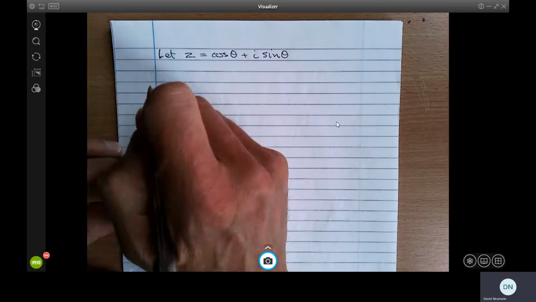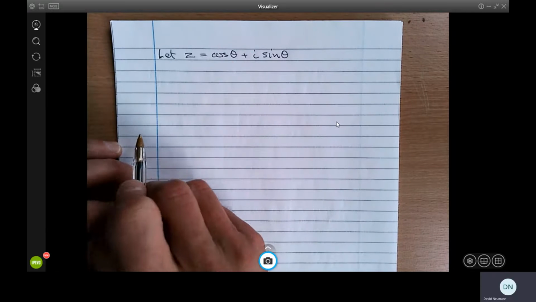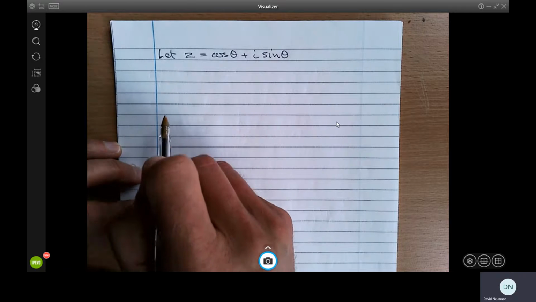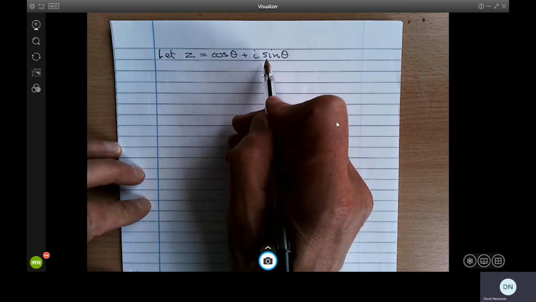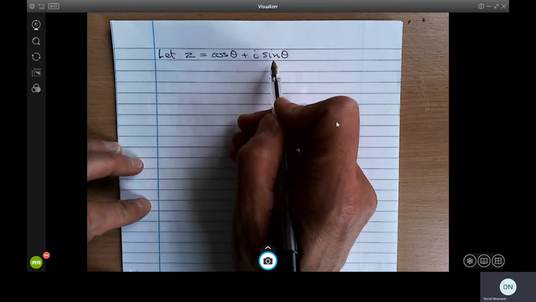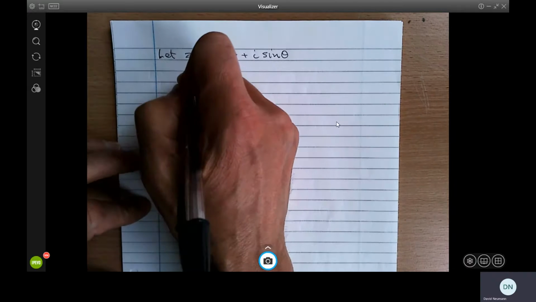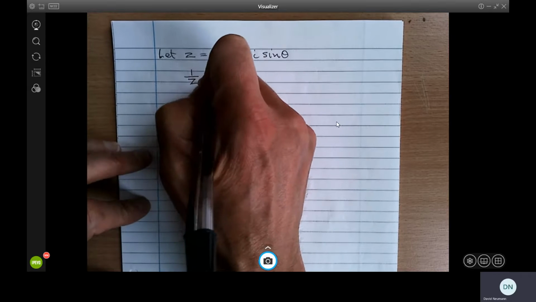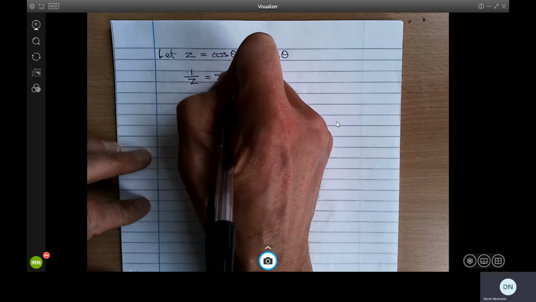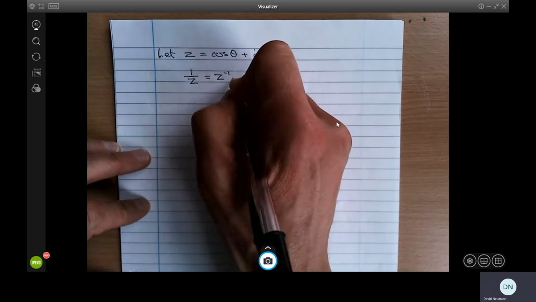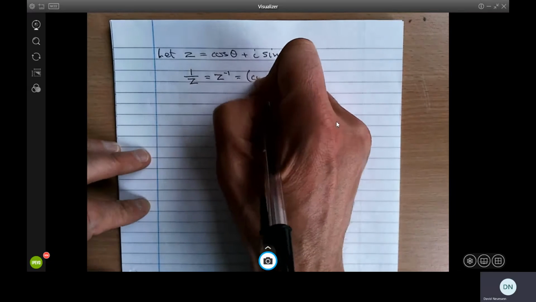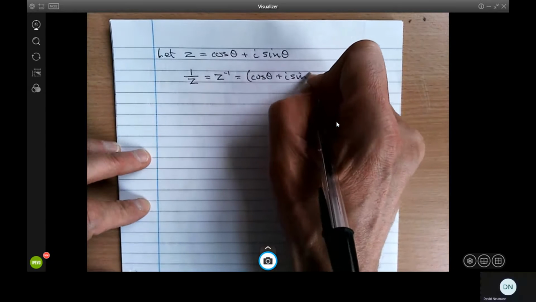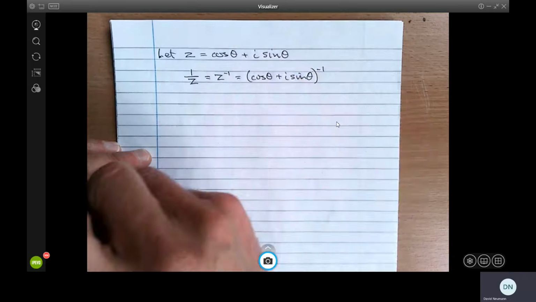So what we're going to do again is we're going to write Z. We're going to say Z is a complex number. We're going to write it in its modulus argument form, cos theta plus i sine theta. So we're now going to look at 1 over Z, which is equal to Z to the power of -1. So that's cos theta plus i sine theta, the power of -1.